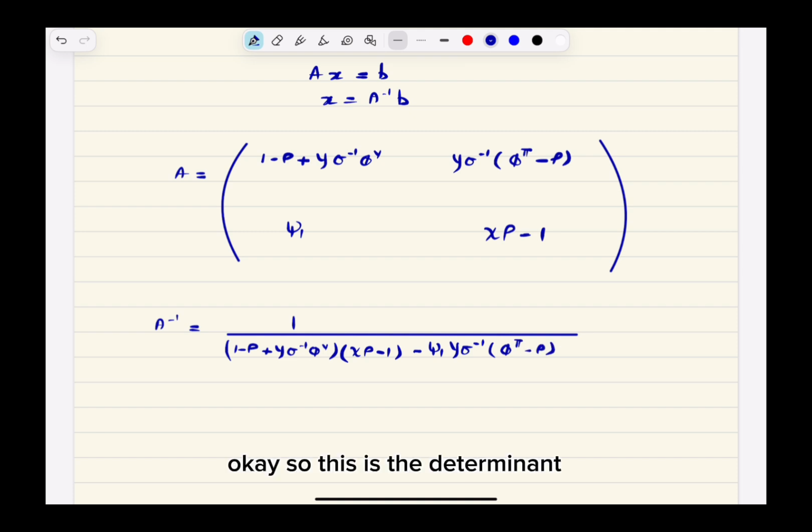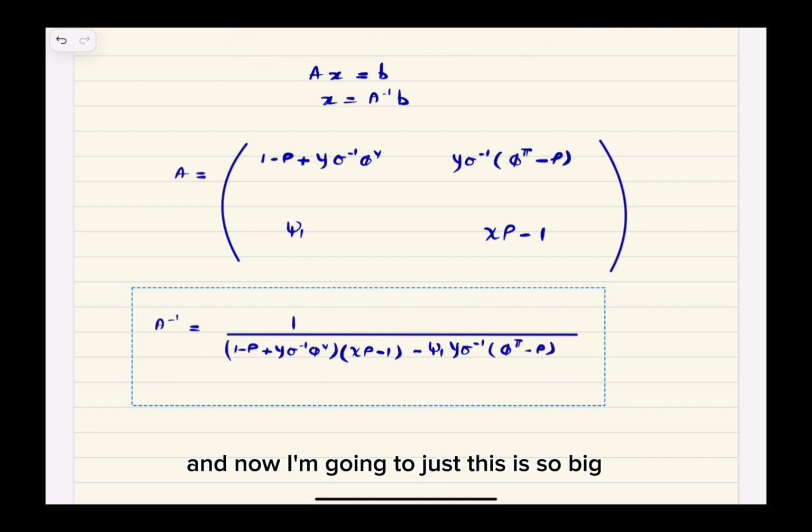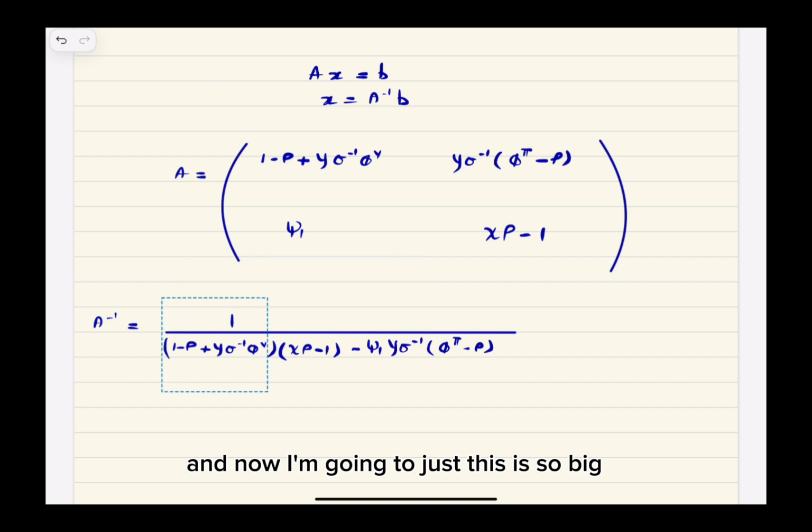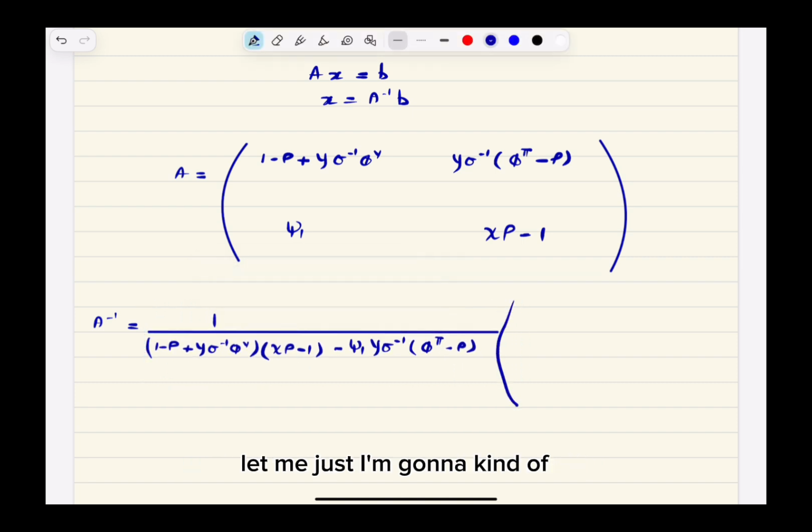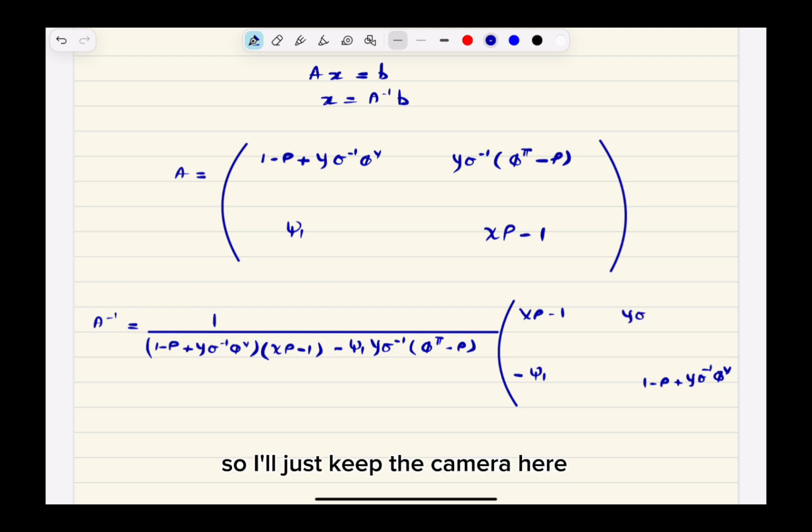Okay, so this is the determinant. And now this is so big, I'm going to make it smaller. Okay, these switch. And these just change their signs. So I'll just keep the gamma here. I'll just put rho minus inflation coefficient. Okay, so far so good.